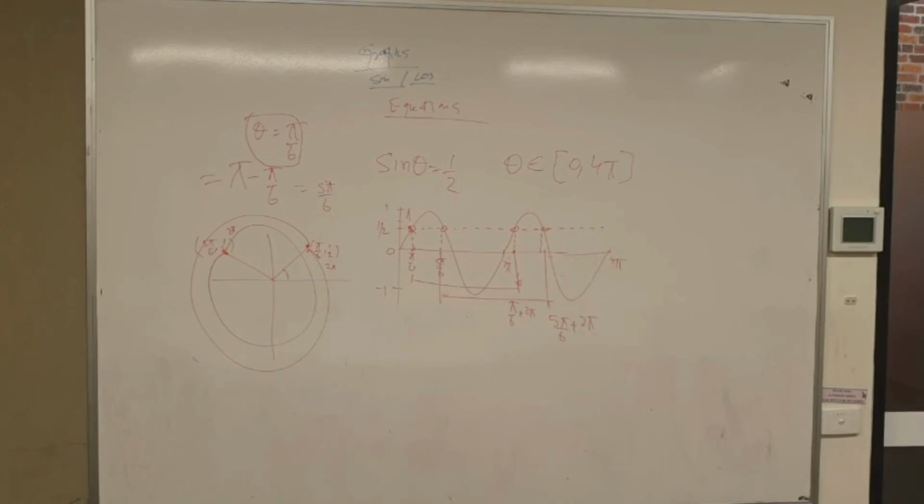Wait, what's the domain? 0 to 4 pi. Aishka, any confusion? No. Then give me the answer, please.